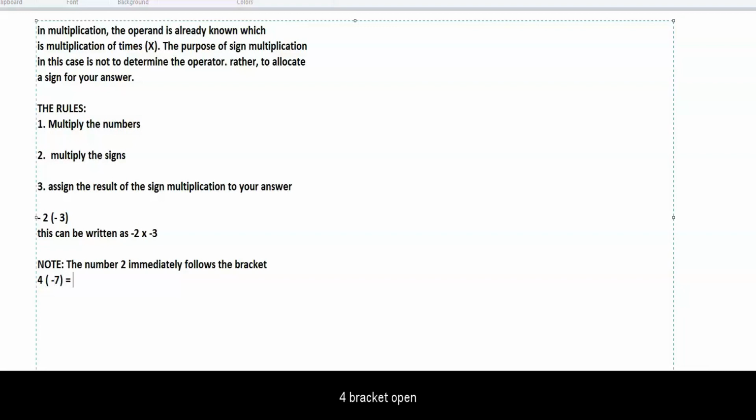4 bracket open minus 7 bracket close. This is the same thing as 4 multiplied by minus 7. Minus 3 open bracket 12 bracket close.